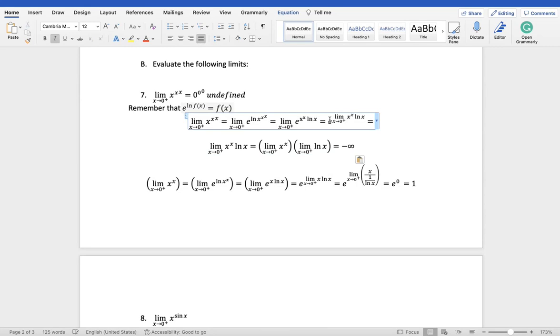And immediately you can plug this solution into the original expression that you had here, which is just e to the negative infinity.